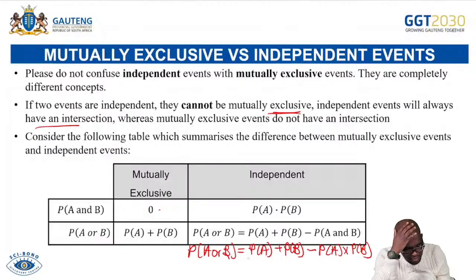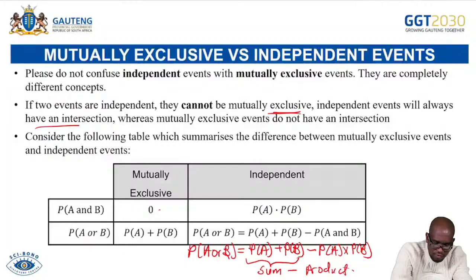So that is why sometimes they refer to this as the sum minus the product. That would be for independent events. Sum minus the product of the probabilities of the two events.